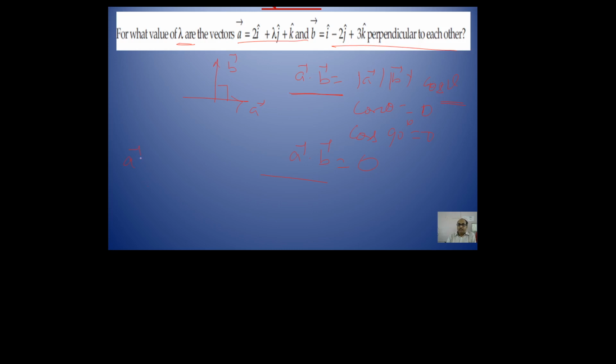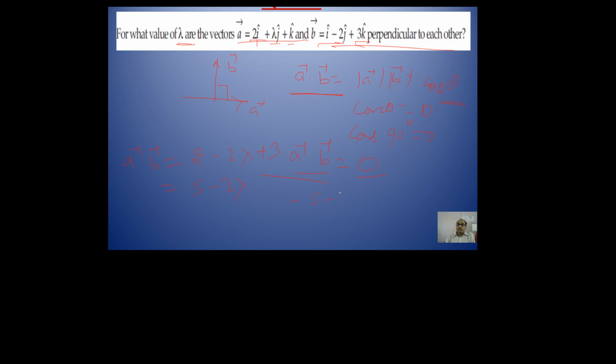So A dot B, 2 into 1 will give you 2, then plus lambda into minus 2, so it will give minus 2 lambda, and then here 1 is there, here 3 is there, so plus 3. So this is given to us as 5 minus 2 lambda. Now the dot product of these two will be equal to 0.